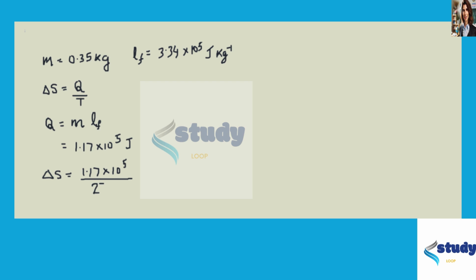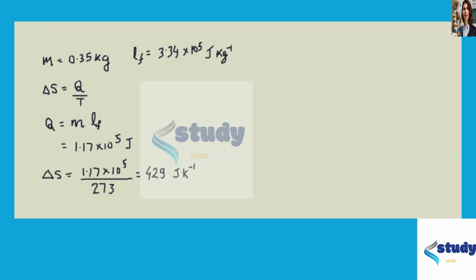So it is 273 Kelvin. Now as you divide this, you're going to get 429 joule per Kelvin. Okay, so we are done with question number A.